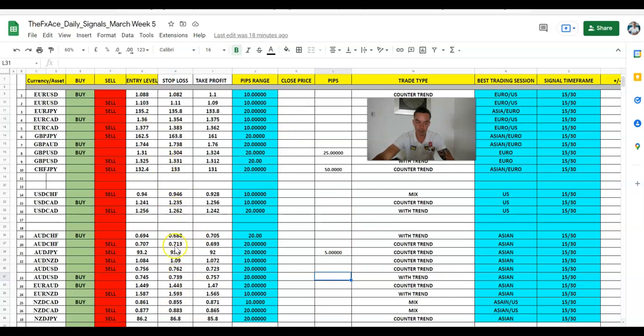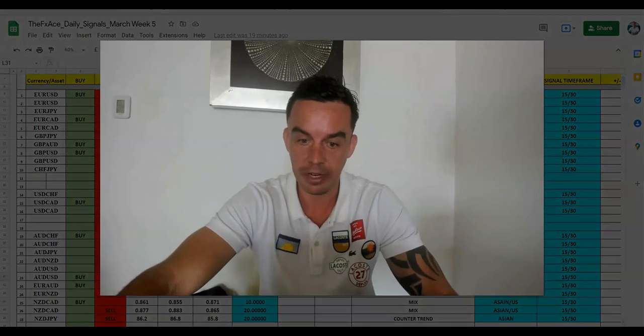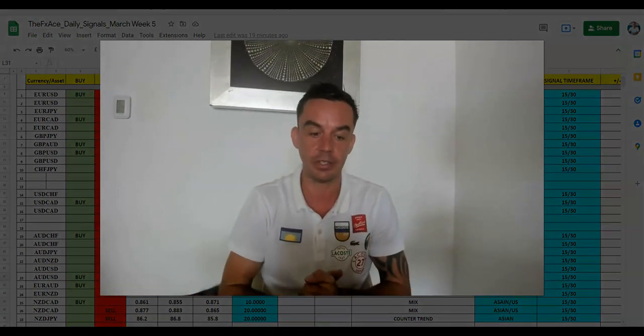Okay, so we've got a list of assets trading levels, but we're only getting the highest probability trades with a likelihood of success.